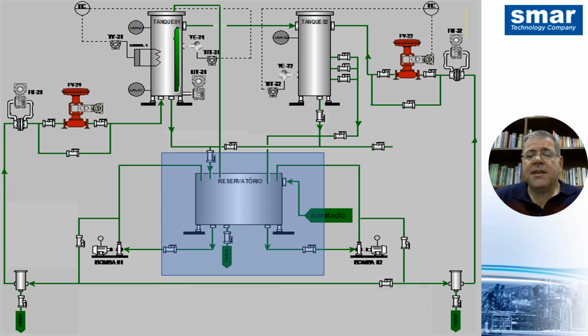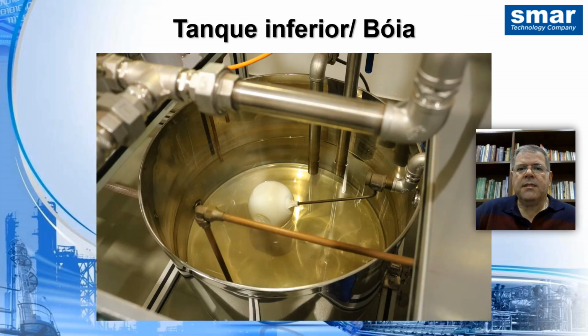Let's now discuss each component of the educational plant in detail and their roles. First, let's talk about the water reservoir, which is the main reservoir of the didactic plant. Here we have the image of the main reservoir.